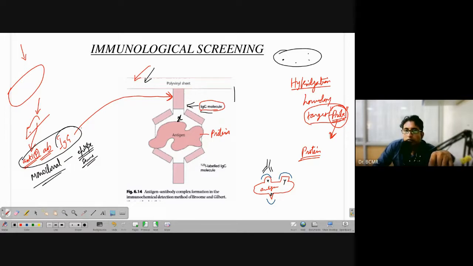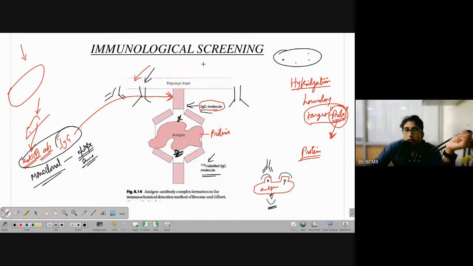And now we have many antibodies as well, right? In some places they are bound, in some places they are not bound, wherever it is not present. Then we have a second antibody for a second epitope, something like Z, for example. Then when we add that antibody, it is labeled with iodine.